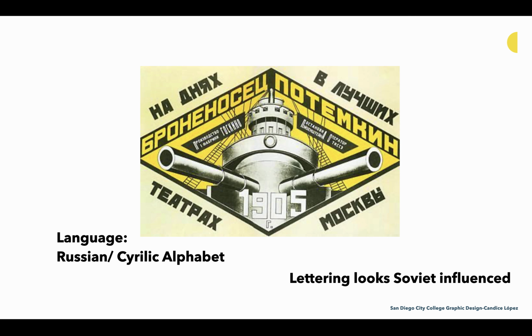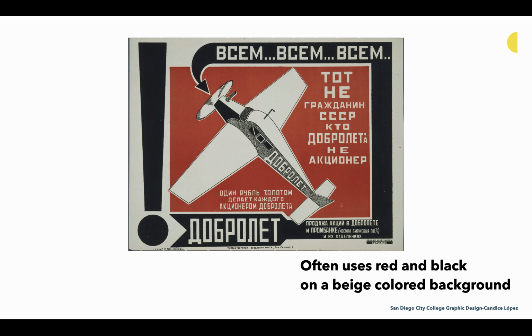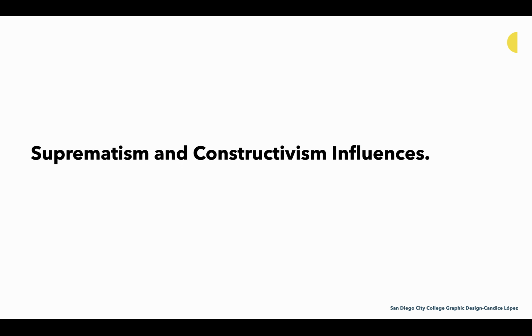The lettering looks Soviet influenced. They often use red and black on a beige colored background, but the difference between constructivism and suprematism is that you'll see recognizable imagery, where suprematism will look more like just fine art. So that's how you can tell the difference, but remember, they're the same item on the final exam.